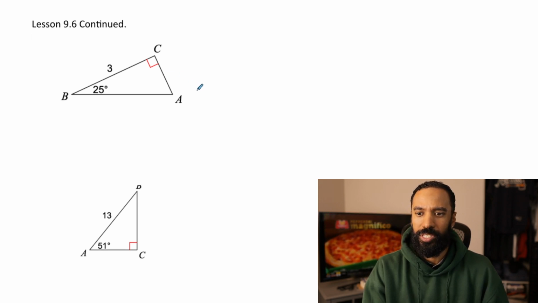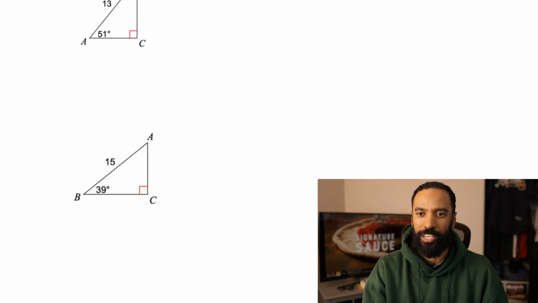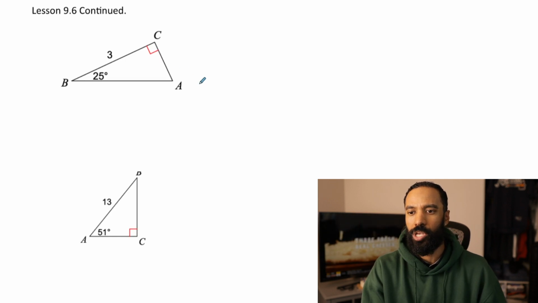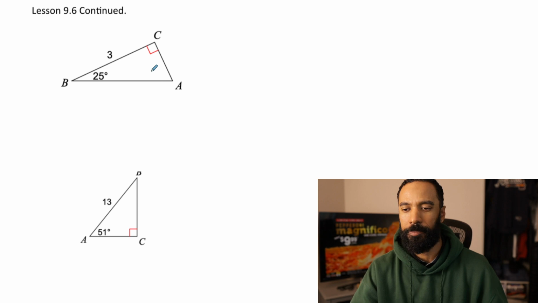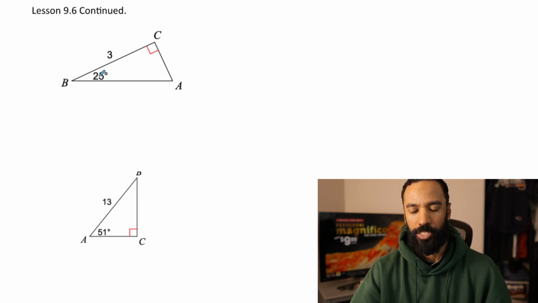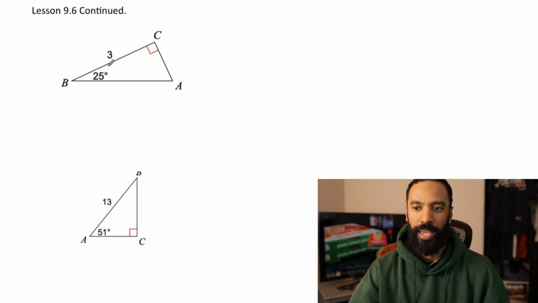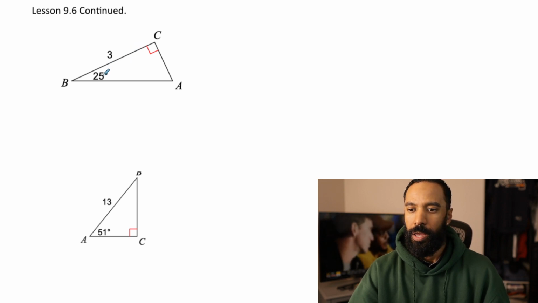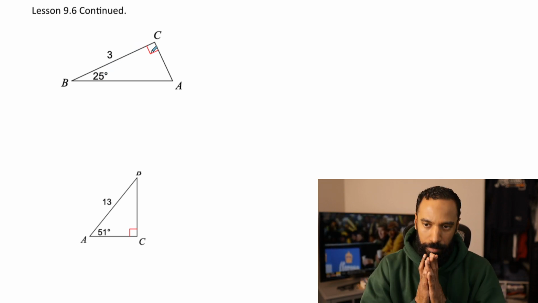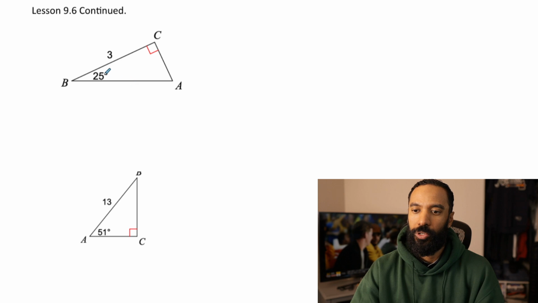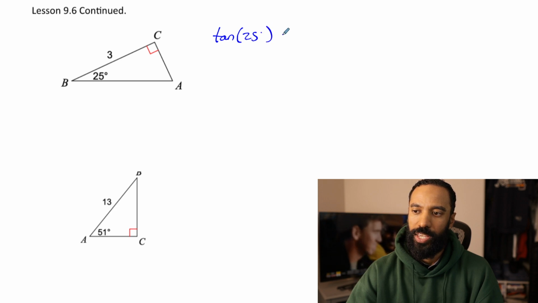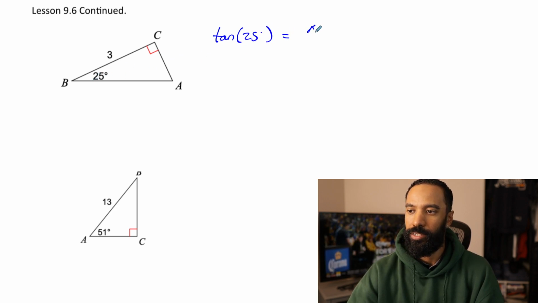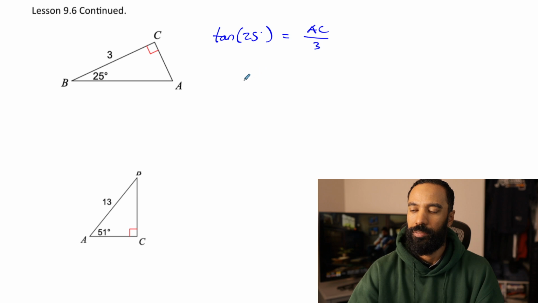All right, we continue with 9.6, and I think this is the last page as well. It is. So we're going to solve 4 more sets of right triangles. I might go faster. They still take a while to write. This time we have an angle and a side, and we did this before, but we have to find lengths. Let's do this one first, AC. We have to use tangent. Tangent of 25 degrees is opposite over adjacent.